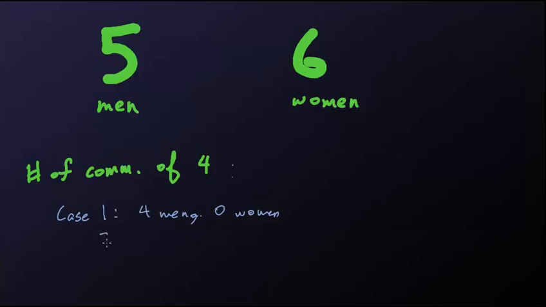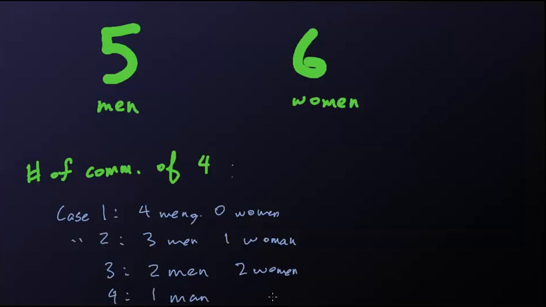Case 2 can be that there are 3 men and 1 woman. Case 3 could be 2 men and 2 women. Case 4 is 1 man, 3 women. And case 5 is 0 men, 4 women.